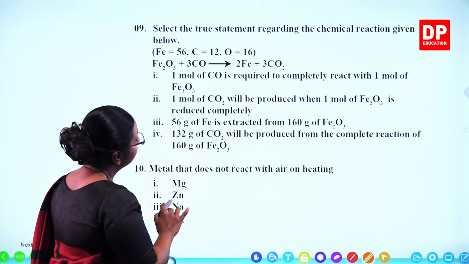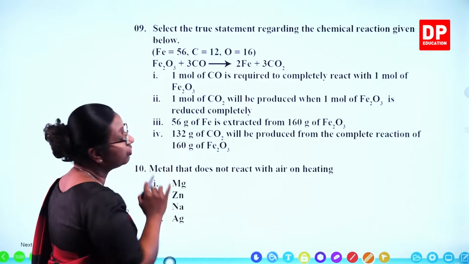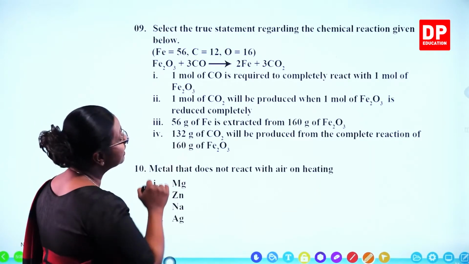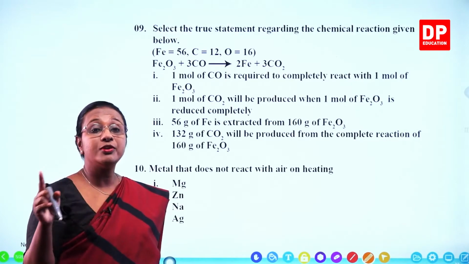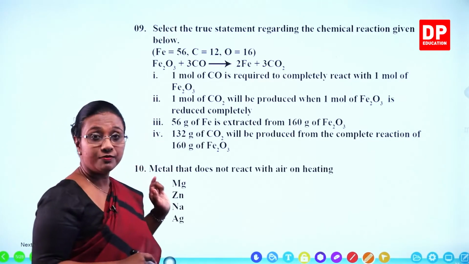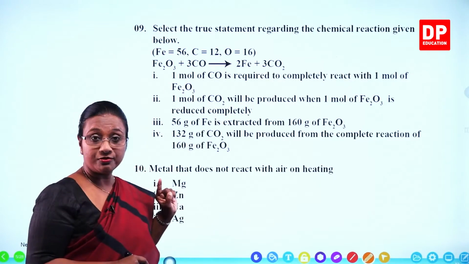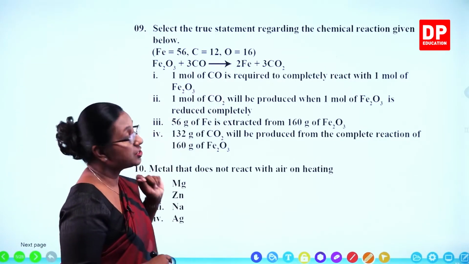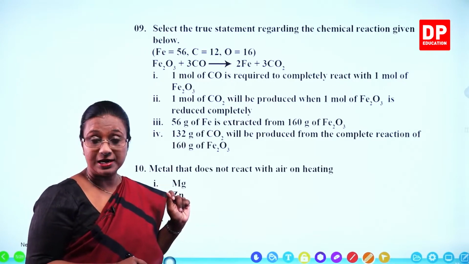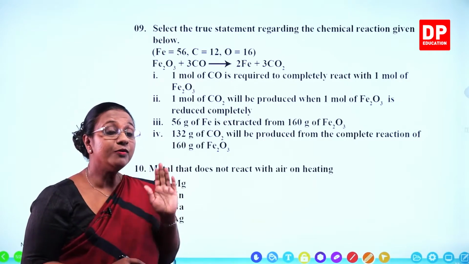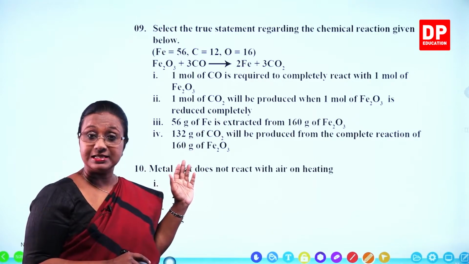When they react together, 2 iron is formed and 3 CO2 are evolved. You all know that is the mole ratio. 1 mole of Fe2O3 and 3 moles of carbon monoxide give rise to 2 moles of Fe and release 3 moles of carbon dioxide. That is how we get information from a balanced chemical equation.